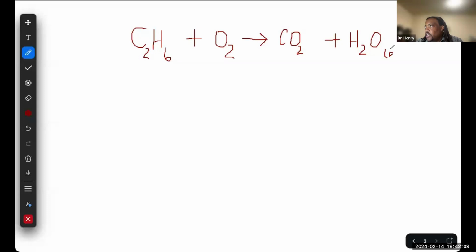So this reaction is called a combustion reaction or an oxidation reaction. So we have ethane. It's going to be reacting with oxygen gas, producing carbon dioxide and water.